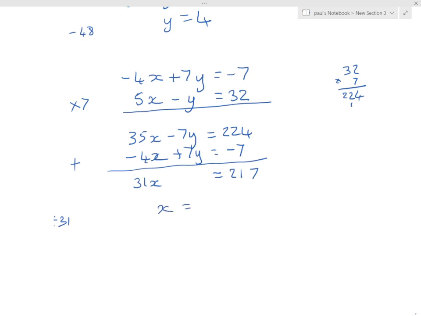So x is 217 divided by 31. Okay, how many is that? 31, 62, 93.